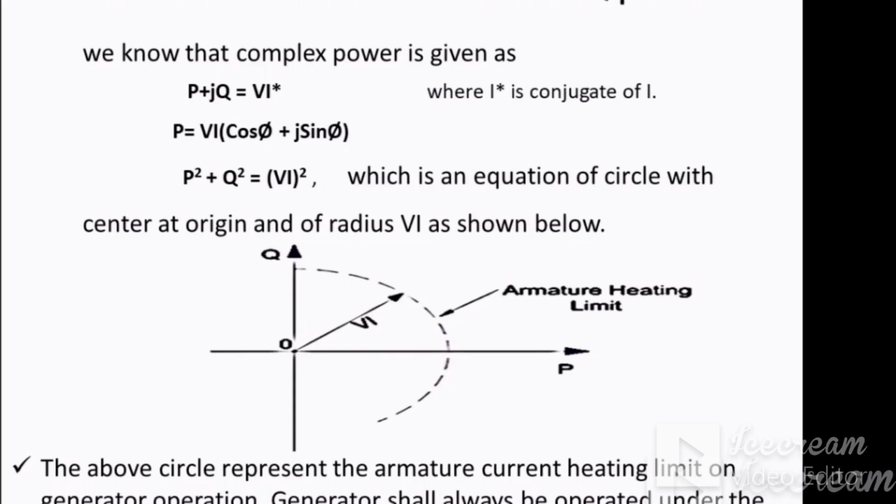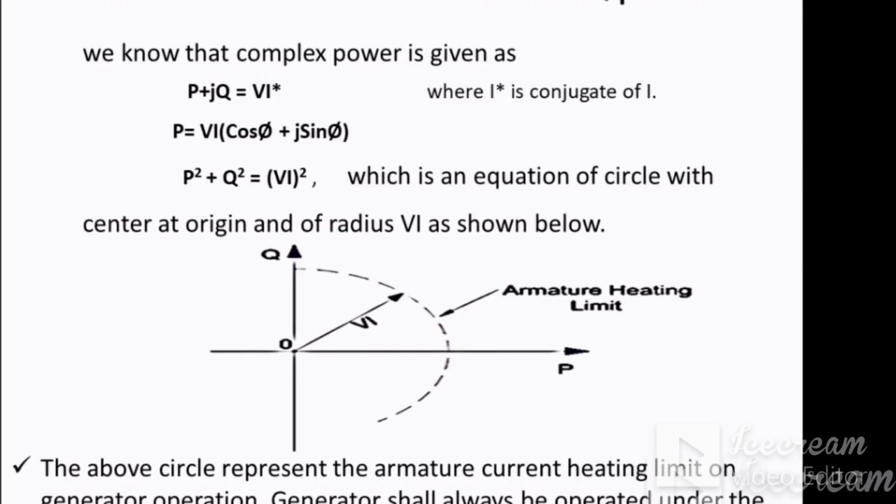Now this equation is actually the equation of a circle, with a center at the origin and the radius is nothing but VI. So if we plot this equation, the x-axis is the active power P, and the y-axis denotes the reactive power. And what is the radius of this circle?